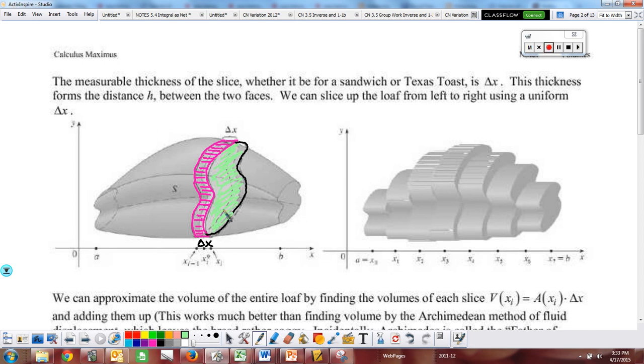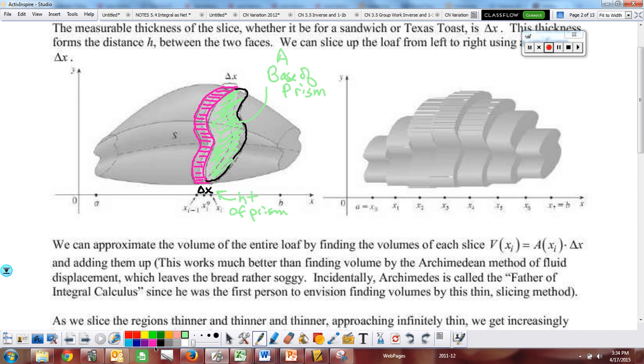I know you're thinking base should be down here, but this is going to be the base of the prism, and we find the volume by taking the area times the height. So this is considered the height of the prism, and this is the base of the prism. So we're going to take the area of the base times the height, and that'll give us the volume of one slice. And then we're going to sum them up.